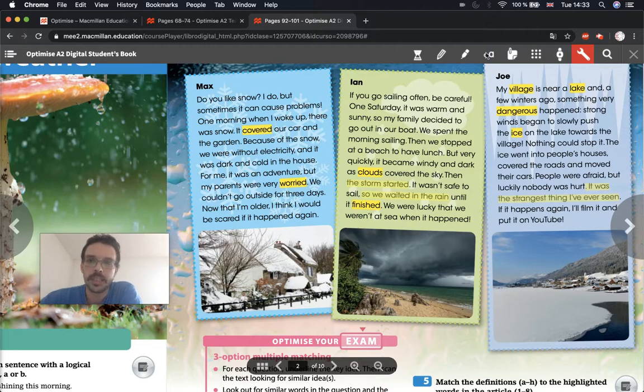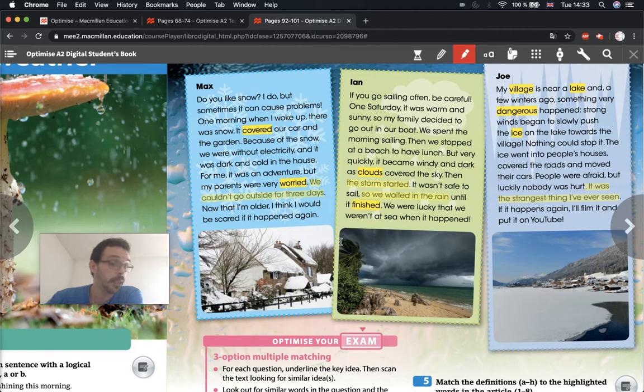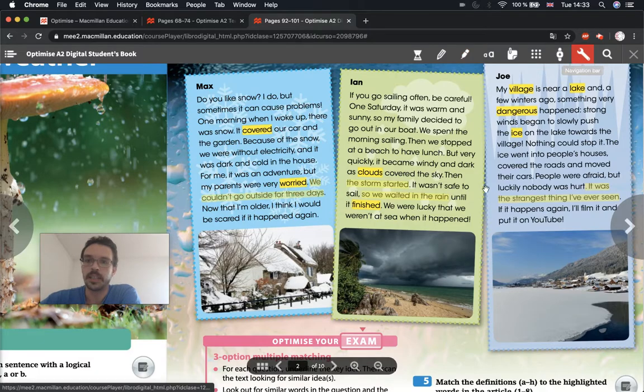If we look at Max, they're talking about the snow, the big snowstorm. And let's have a look what it says here. It says, we couldn't go outside for 3 days. That's another way of saying staying at home. We can't go outside. We have to stay at home. So that answers our question.